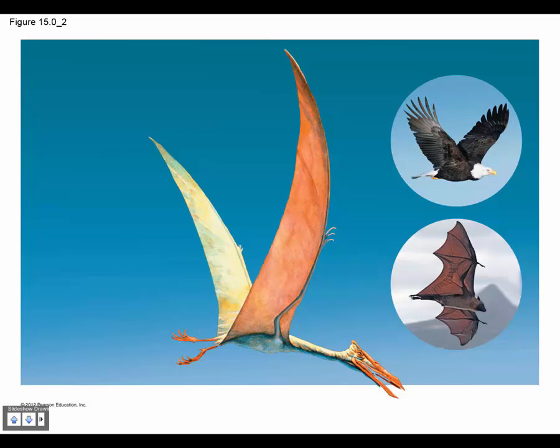But the dinosaurs evolved into birds, and so they had a different style of forelimb, whereas the bat evolved in mammals. So you see three different formations, but all the birds share the same style, all the bats share the same style, a little different, and pterosaurs share the same style.